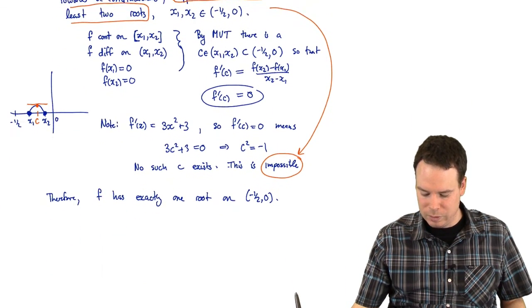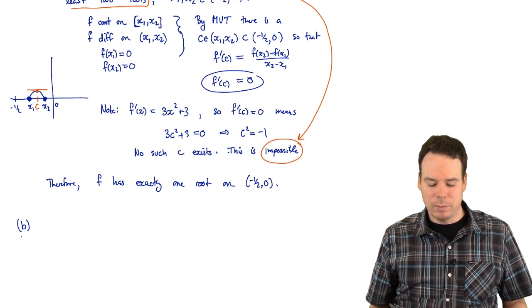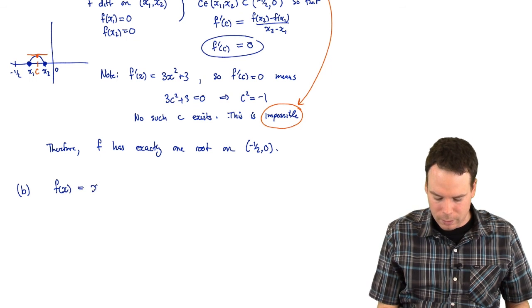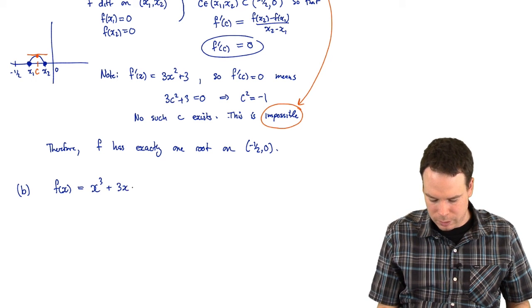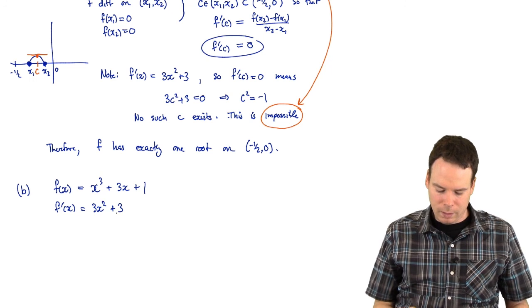Now the next part of the question says, okay, you now know there is a root, try to approximate it. So this means we're going to need to use Newton's method. So x cubed plus 3x plus 1 is our function. Our derivative is 3x squared plus 3.